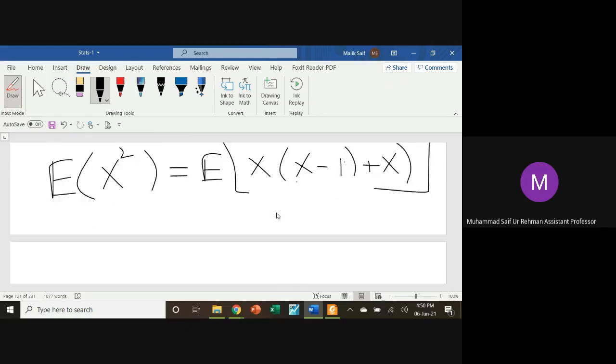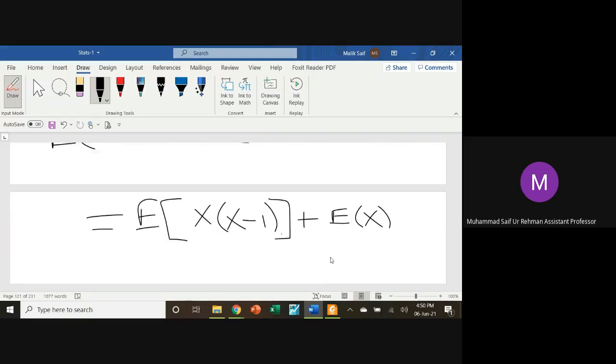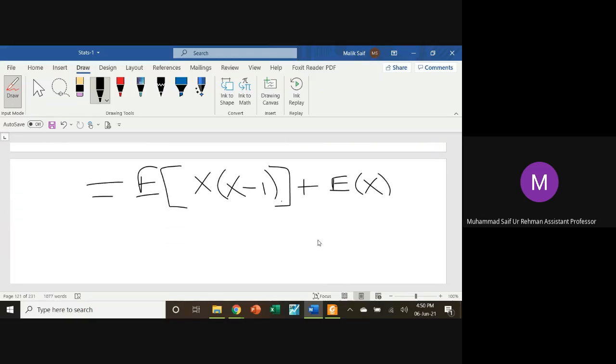Yes, sir. So you may write it down as E of x into (x minus 1) plus E of x. Fine. On further solving, as you saw in the case of E(x), we wrote np.